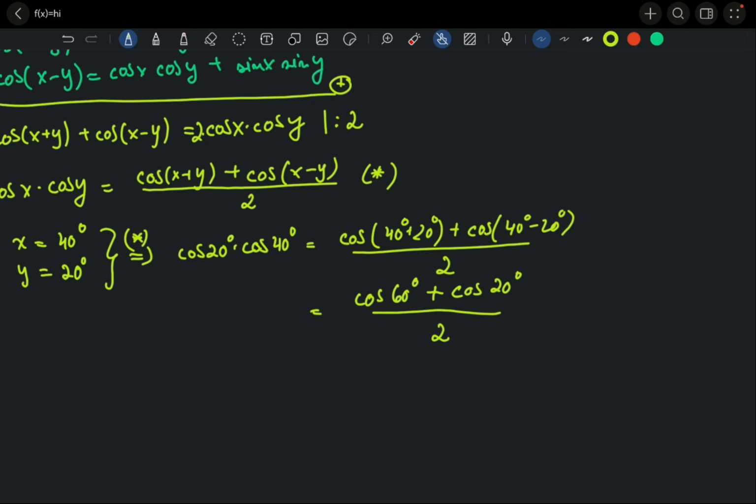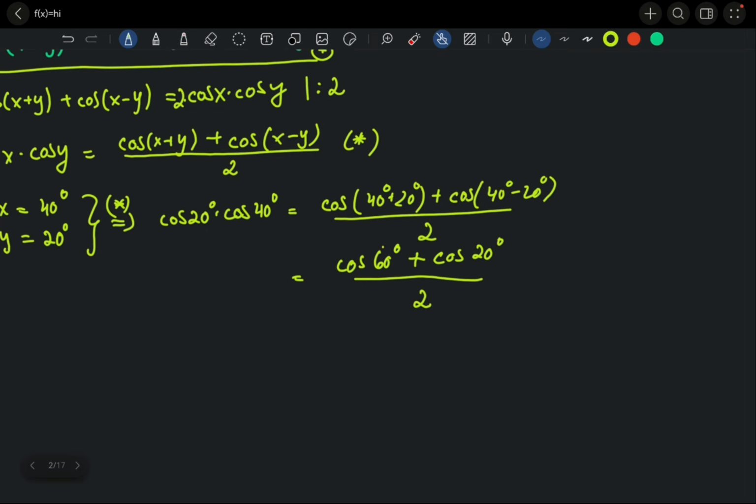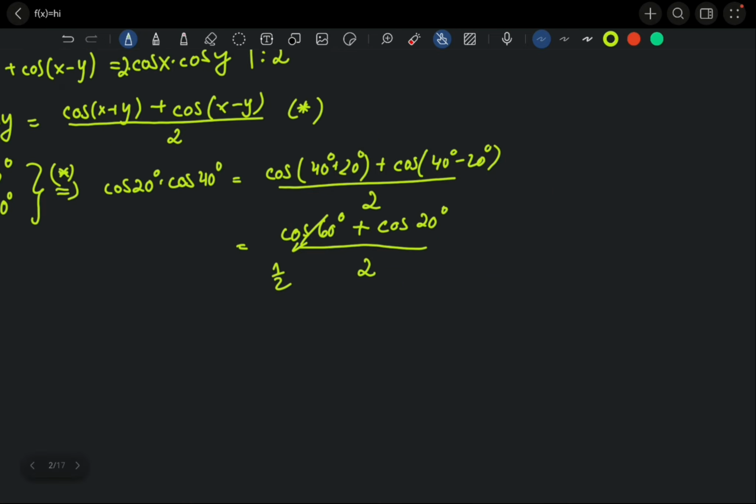It's well known that cosine of 60 degrees is equal to 1/2, so in the end we get 1/2 plus cosine of 20 over 2, which is equal to 1 over 4 plus cosine of 20 degrees over 2.